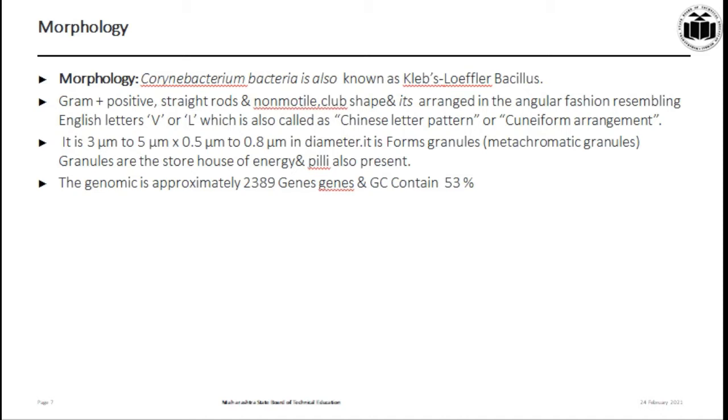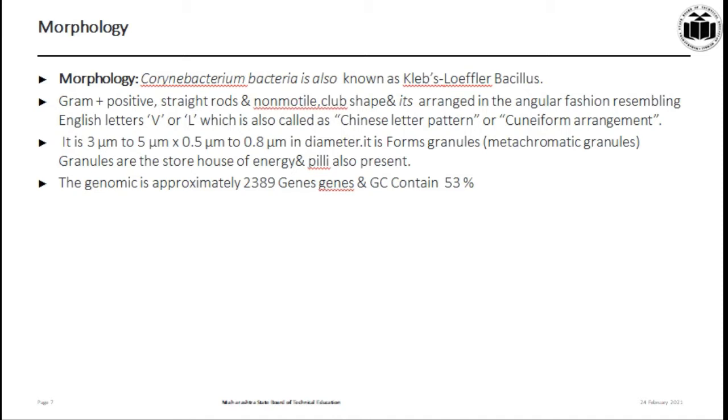So whenever you do the morphological characteristic study, and if you get V or L shaped bacteria which are gram positive violet color, it is confirmed that the bacteria you have observed is Corynebacteria, and the size of this bacteria ranges from 3 micrometer to 5 micrometer in length and 0.8 micrometer in diameter.